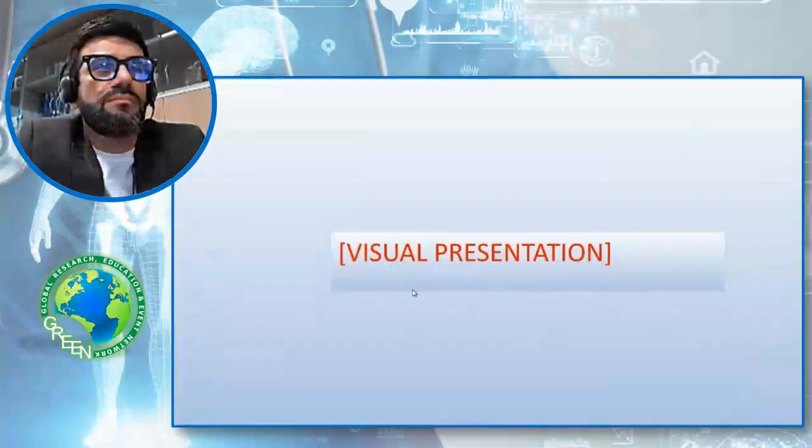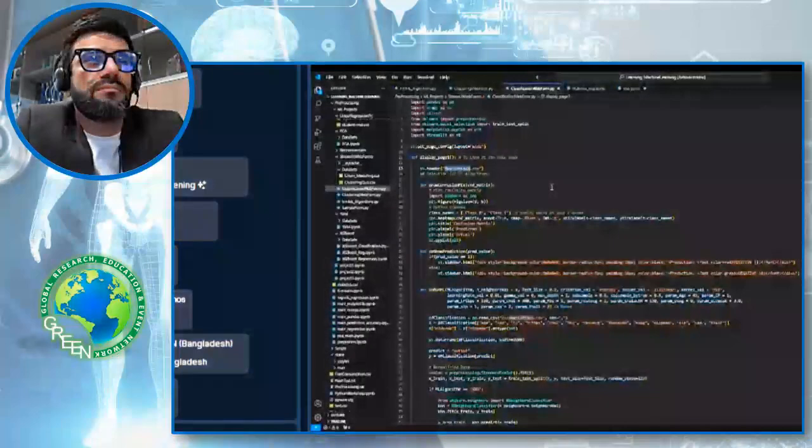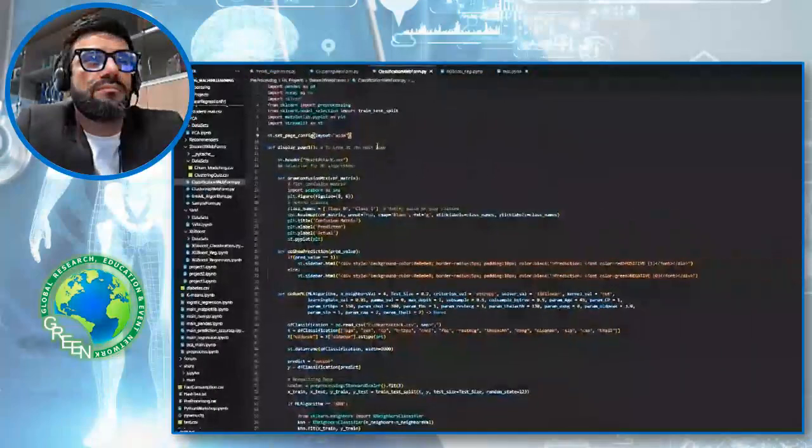So let's get back on track and continue with our IDE and code. Let me share the VS Code editor. I am going to explain very briefly, and I want you to concentrate on some lines of this code.